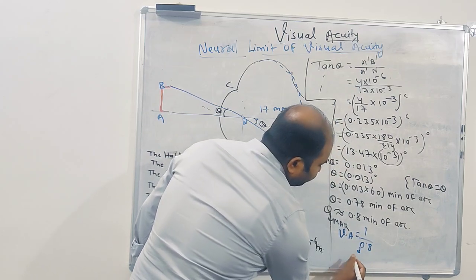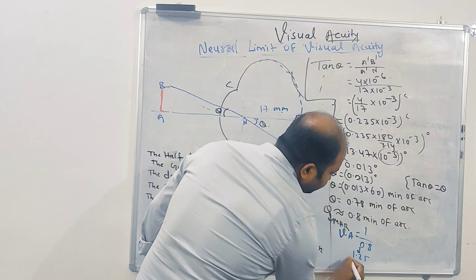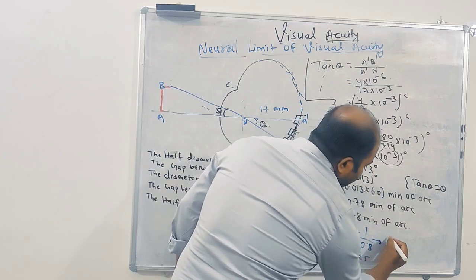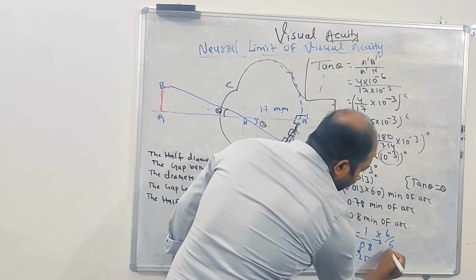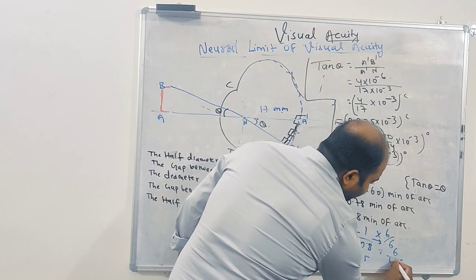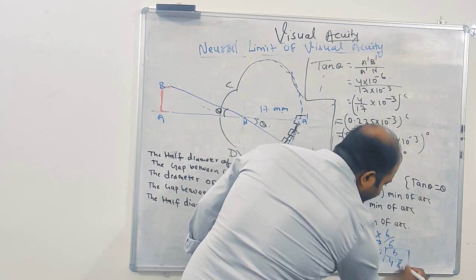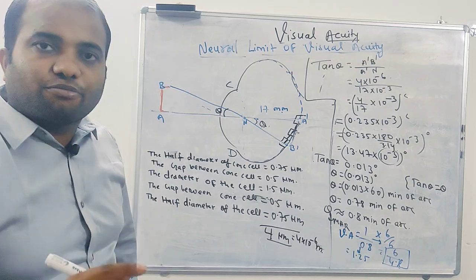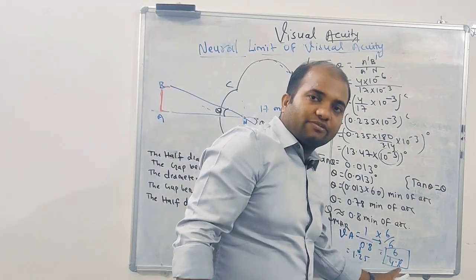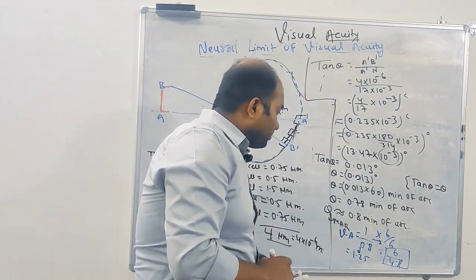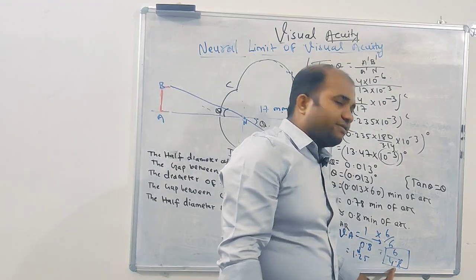In decimal it is 1.25, right? And if you want to write it in 6 by 6 format, I can just multiply by 6 and you will get 6 by 4.8. So you have the capability to see up to 6 by 4.8, that is approximately 6 by 5. So your neural capability is to see up to 6 by 5.